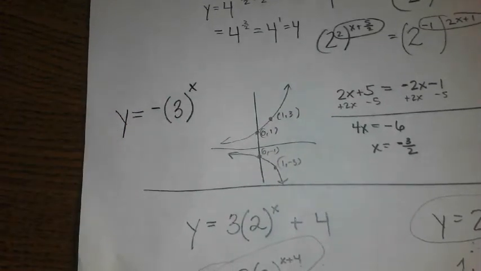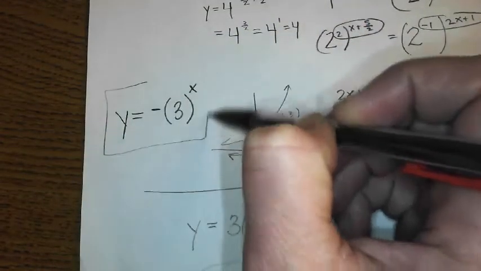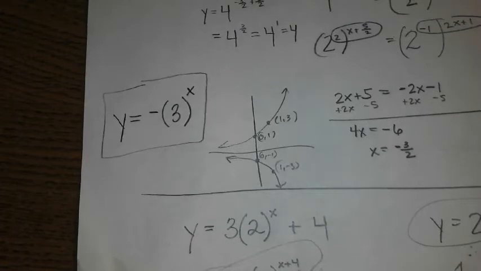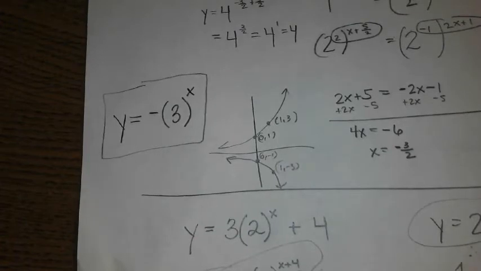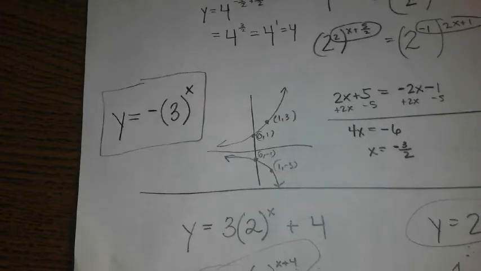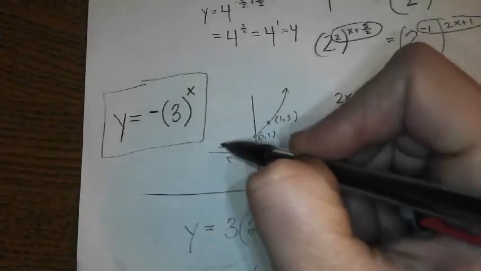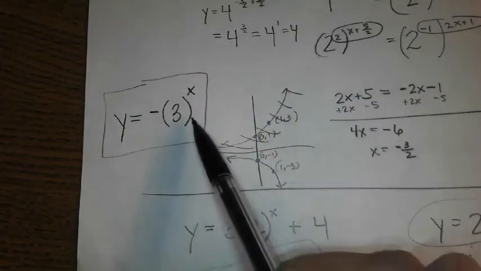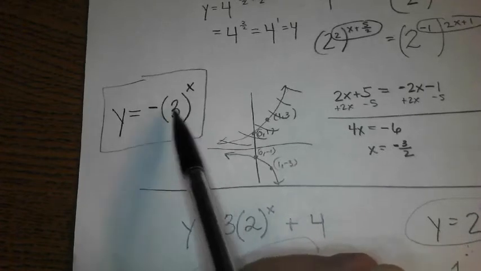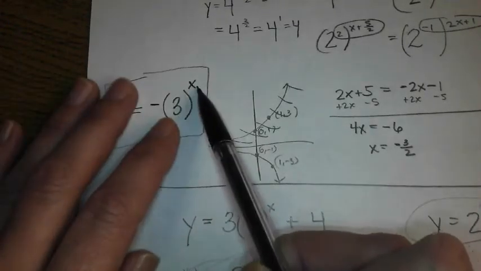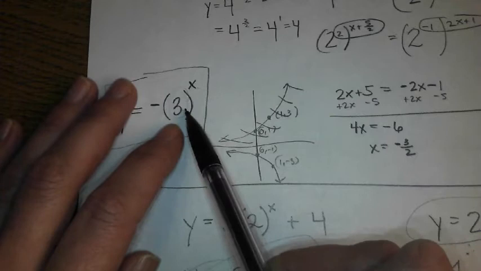Here's the thought: this is the third year in a row I've been teaching this, and it's never been asked before, but it just got me thinking. Would you say that this equation is exponential growth or decay? I honestly don't even know if they could ask that question, because it is growth based on the fact that this is just being raised to the x power and your base is 3.